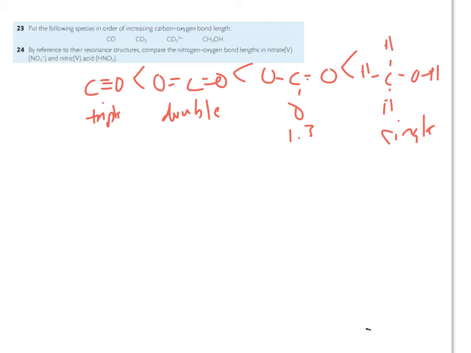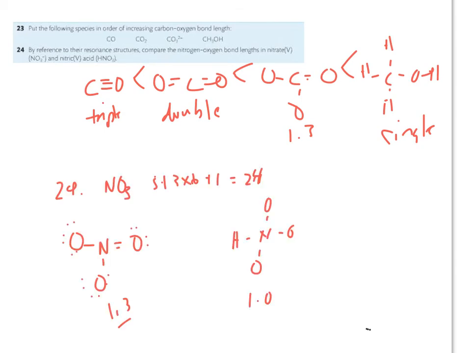Number 24, by reference to the resonance structures, compare the nitrogen-oxygen bond lengths in nitrate, or nitrate, I'm sorry, NO3 minus, and HNO3. So I'm going to have to go ahead and draw these structures. So looking at the structures, NO3 minus is going to have resonance because it needs one bond, the nitrate.